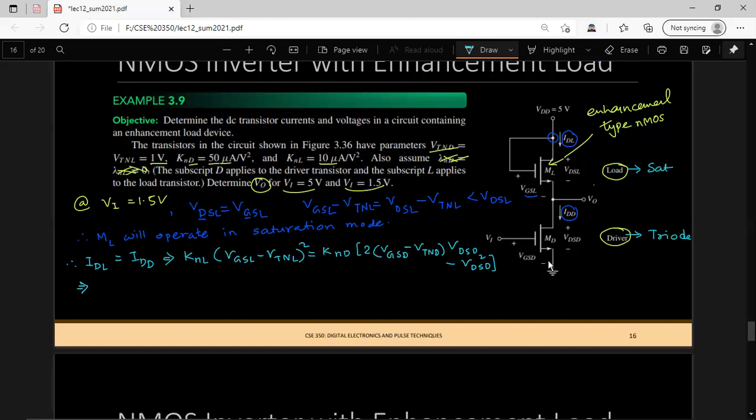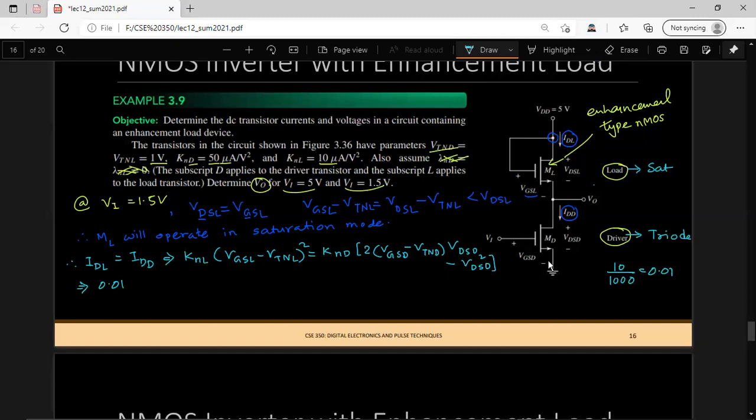KNL is given as 10 microampere per volt square, that is 10 divided by 1,000 will give us milli, that is 0.01 milliampere per volt square.